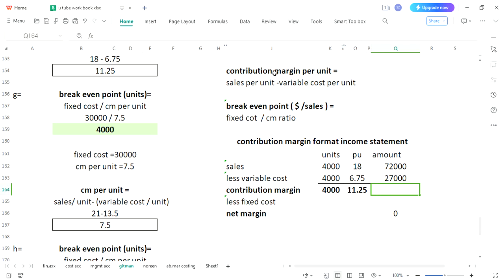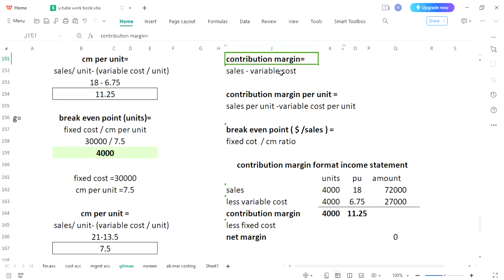As you can see that this formula is literally same, sale minus variable cost, with which you will get your contribution margin. Amount of sale was 72,000, and you will subtract your variable cost, which is 27,000. So you have got your contribution margin.